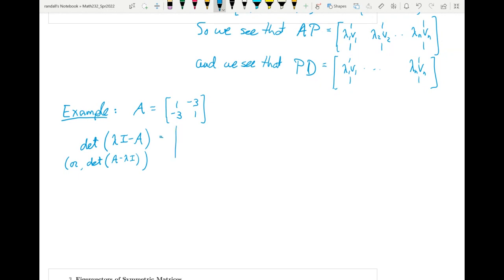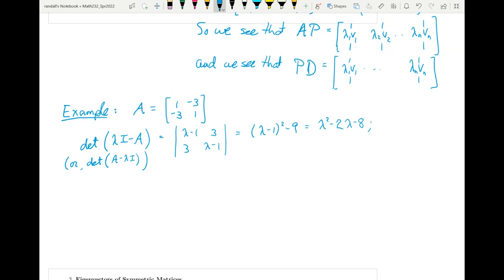So let's go. Writing it out here, lambda I minus A gives me lambda minus 1, negative 3, negative 3, lambda minus 1. So there's my matrix, lambda I minus A. I compute the determinant. It's just a 2 by 2 determinant. So let's write it out: lambda minus 1 squared minus 9, which we simplify as lambda squared minus 2 lambda minus 8.